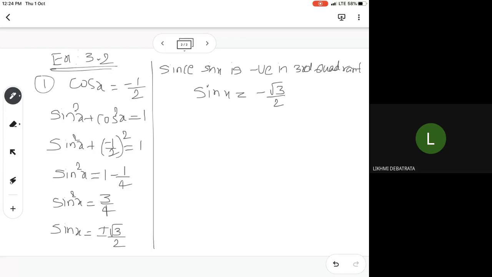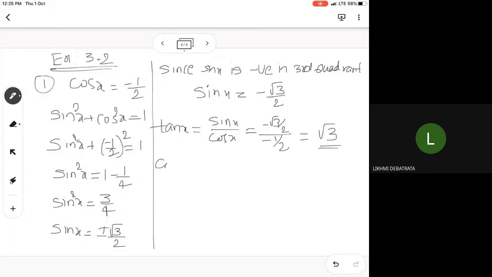Okay, once you have sin x and cos x, you can find tan x and the other trigonometric ratios. Anything you want, you can find out. Tan x is equal to sin x by cos x. There are multiple ways to find it: root 3 by 2 divided by minus 1 by 2 is equal to plus root 3. This is tan x.